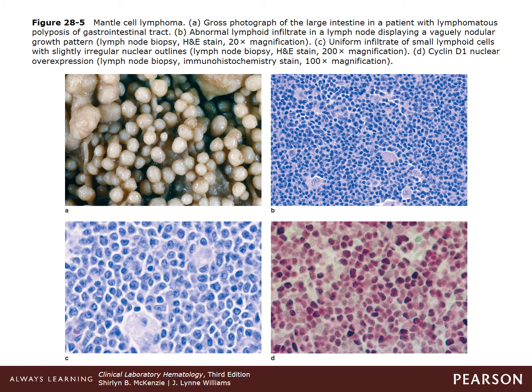With the nodular growth pattern, it can be difficult to distinguish from a follicular lymphoma by morphology alone. The neoplastic infiltrate usually surrounds a germinal center, called the mantle zone pattern, and the cells are usually small to intermediate in size with round to slightly irregular nuclear outlines.